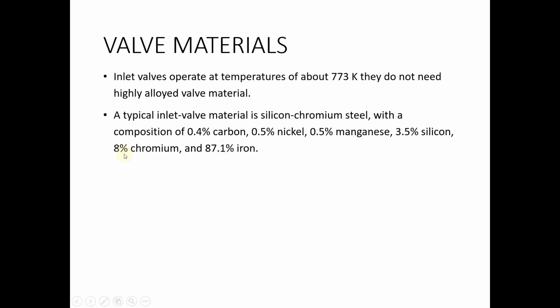So special alloy materials are not used in case of inlet valves. Usually we make use of silicon chromium steel. The composition shown here is 0.4% carbon, 8% chromium and 87.1% iron. So the chromium content is again less because high temperature strength is not much needed for inlet valves, because high temperature does not occur at the inlet condition.